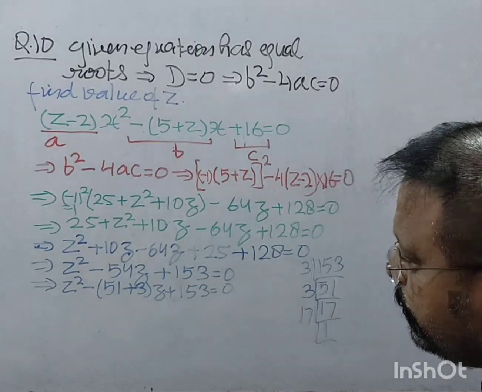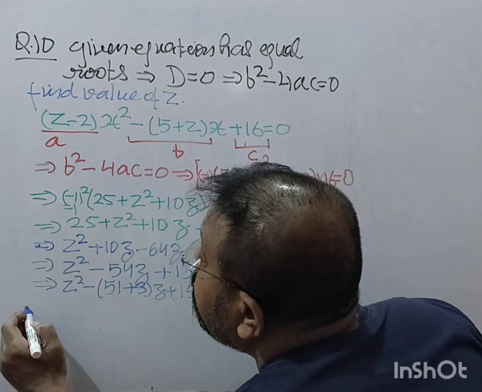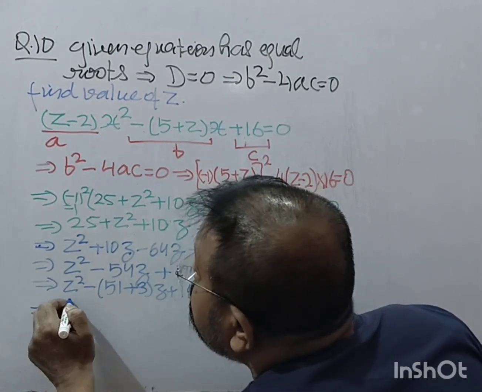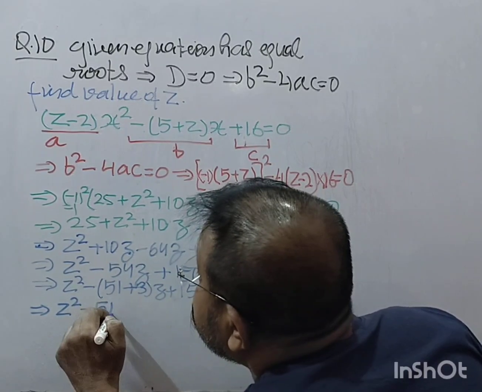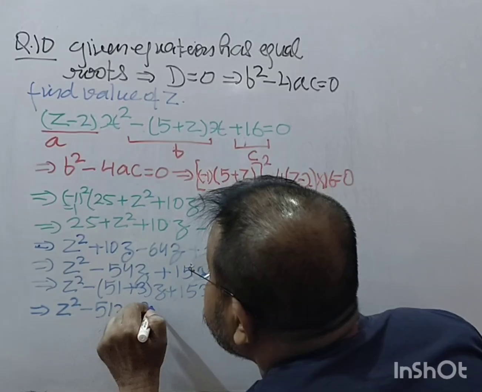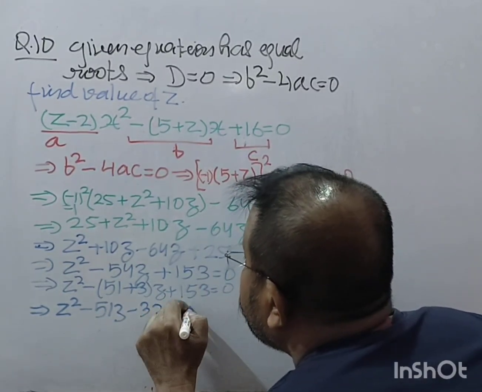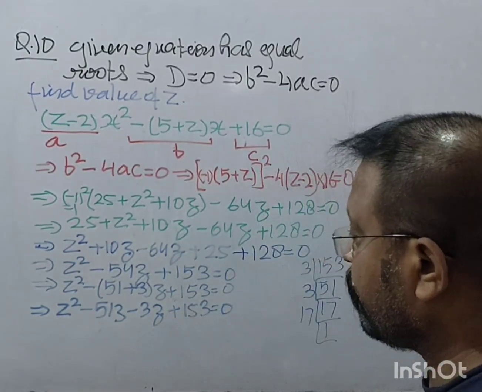You get it? Now what next we have? z square minus 51z minus 3z plus 153 is equal to 0.